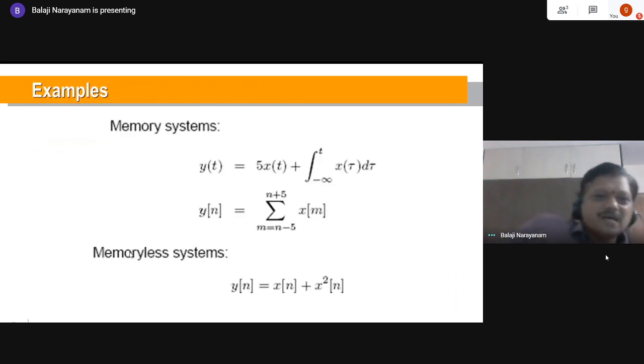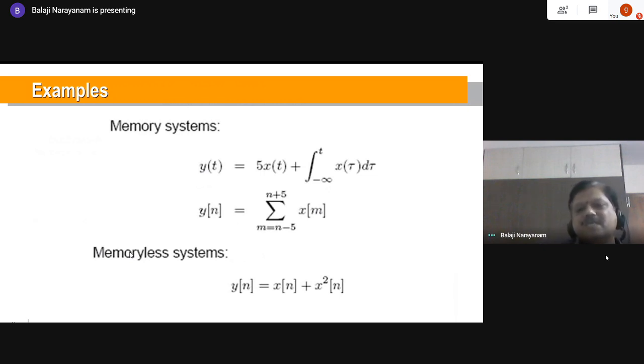And now, again, another example, we can see y of t is equal to 5 into x of t, integral minus infinity to t x of tau d tau, and then y of n is equal to sigma m equals n minus 5 to n plus 5 x of m.